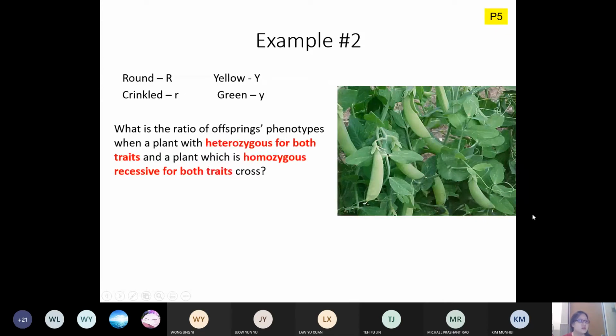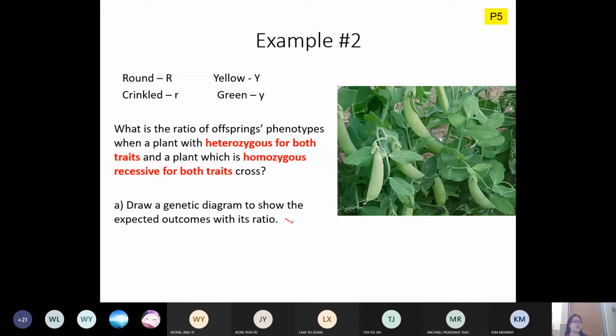Alright, so we are doing this again. But now we're not doing the 9:3:1 again. We are going to do this. We did this question just now. We already drew the genetic diagram, so you don't need to draw it again. It's fine.